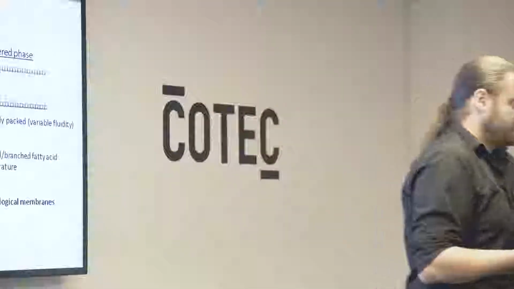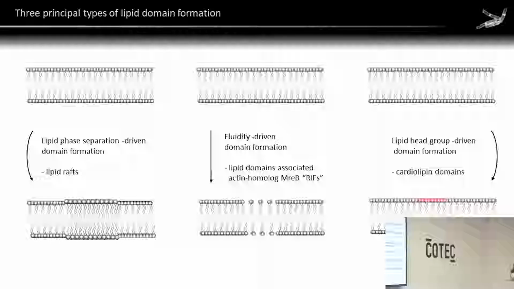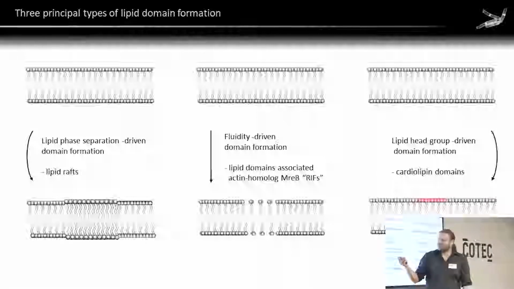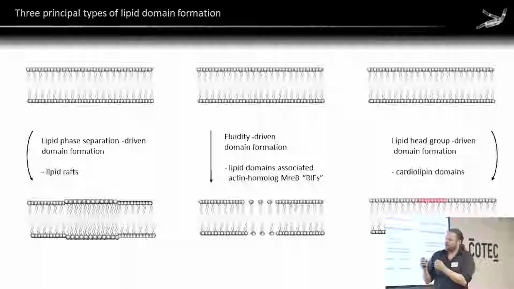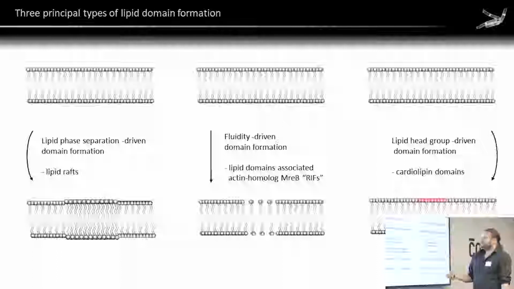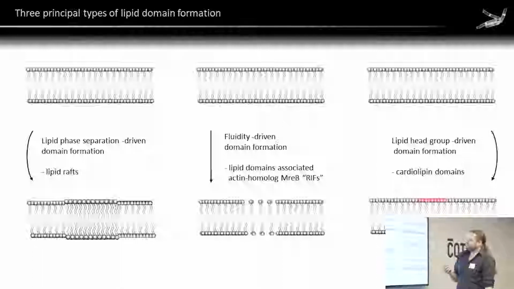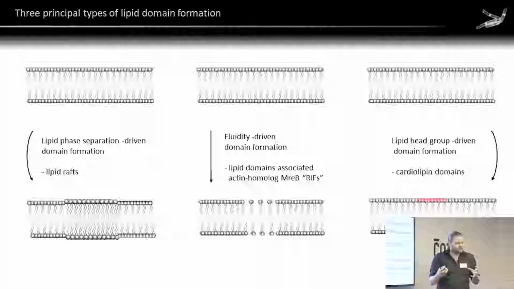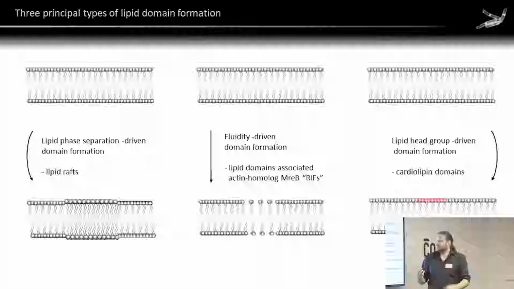But there are other types of domains too. When we talk about lipid rafts, for instance, this is thought to be lipid phase separation domain formation. So the cholesterol and other parameters cause the lipids to adopt a different configuration, and that can cover some area of the membrane and not all. But then there are also fluidity-driven domain formations, where just some areas of the membrane show a different level of membrane fluidity. And here I will show examples with the lipid domains associated with the bacterial actin homologue MreB.